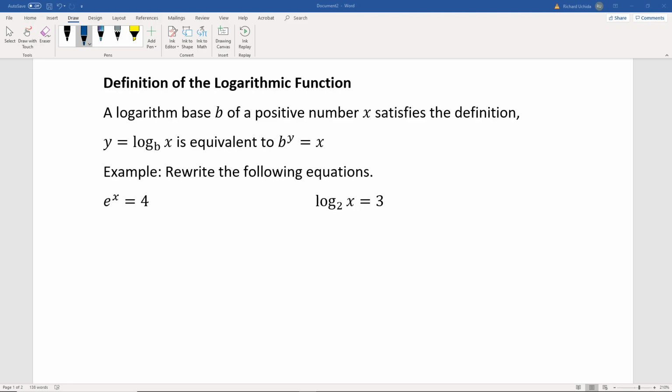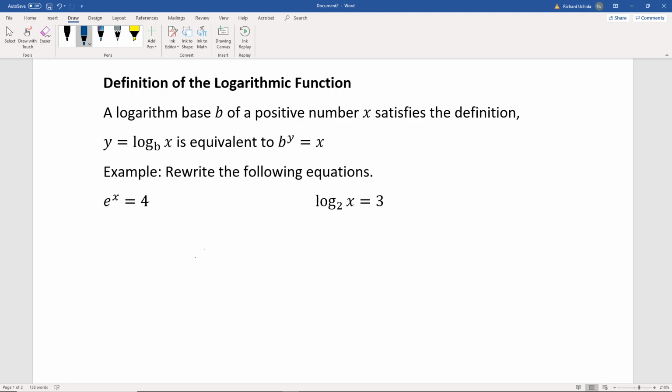So for these first two examples, let's rewrite the following equations. For the first one, we have this exponential equation, e to the x equals 4. I want to rewrite this because this is in exponential form. Let's rewrite this in logarithmic form. Our base in this case is e, so the base of our logarithm will also be e.